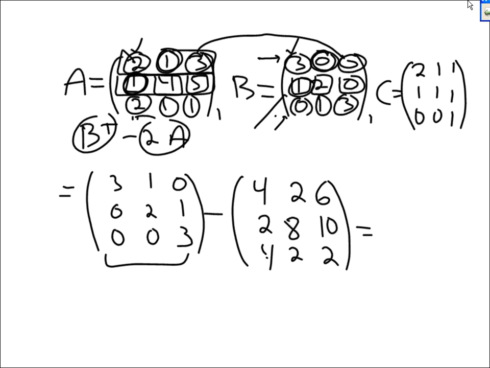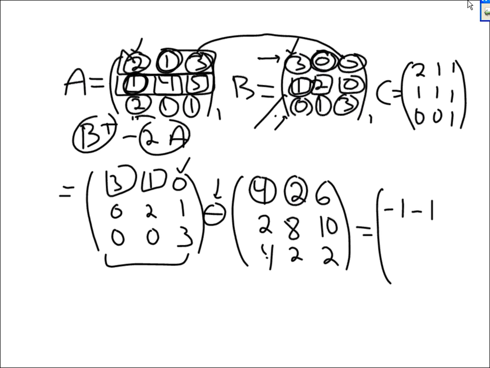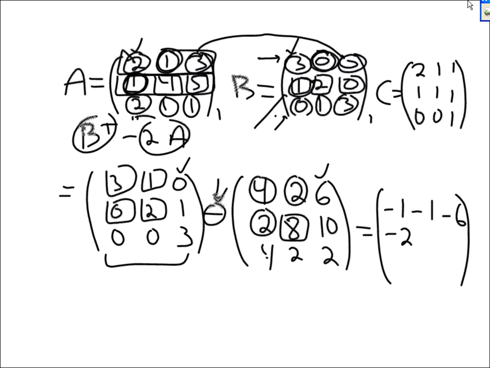And now we can do the subtraction. 3 minus 4, negative 1. 1 minus 2, negative 1. 0 minus 6, negative 6, etc. 0 take away 2, 2 take away 8, 1 take away 10, 0 take away 4, 0 take away 2, and finally 3 take away 2, which is 1.